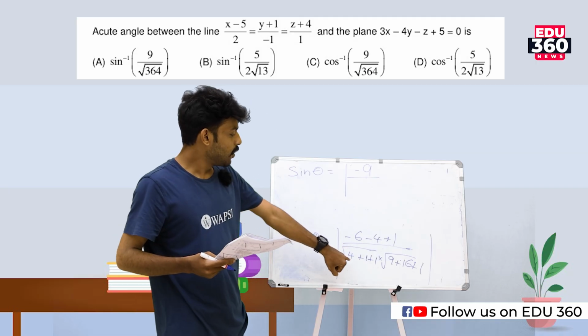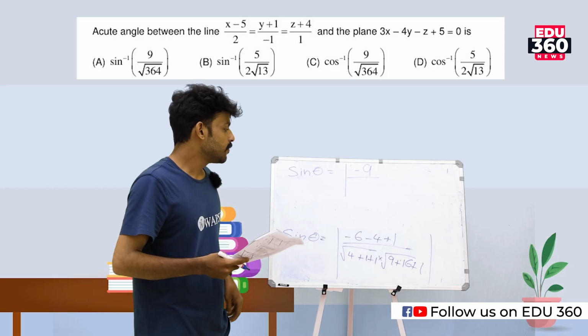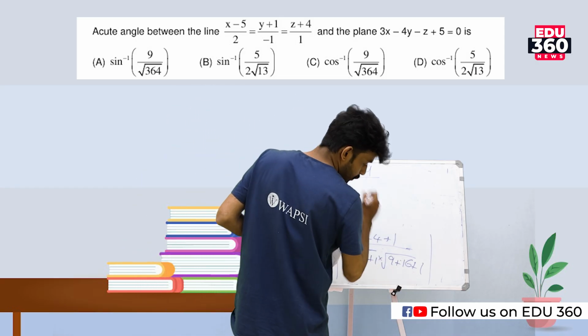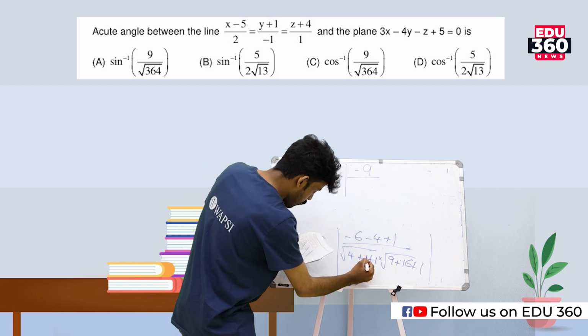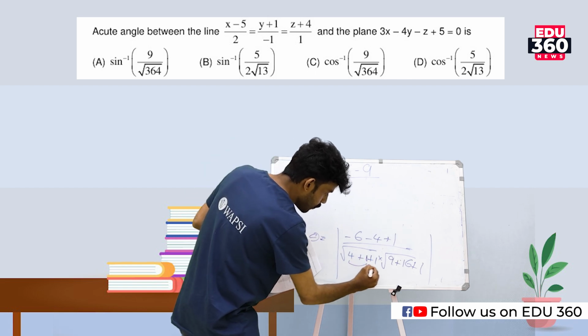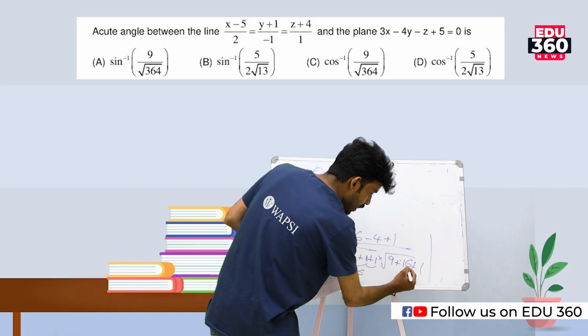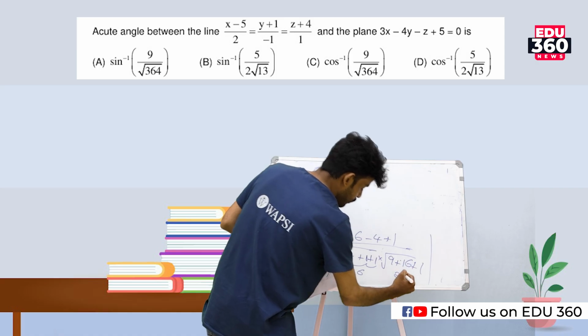So that means root 6 into root of 26. 4 plus 1 plus 1 is 6, and here 26.